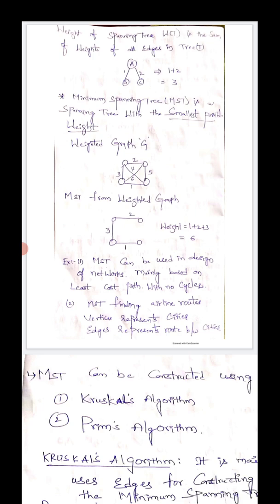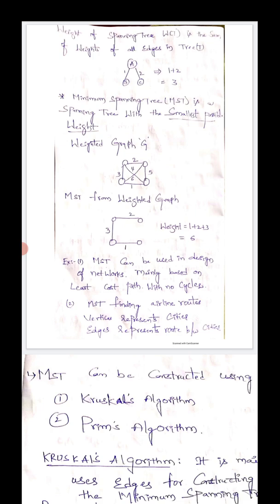The second point: a minimum spanning tree can be used for finding airline routes. Here vertices represent cities, and edges represent routes between cities. It is one example of a minimum spanning tree.